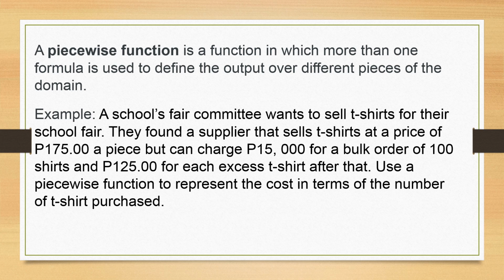What are the things that we need to remember, particularly in converting this word problem into a piecewise function? We have to identify some quantities that we need to consider. First, we have here a bulk order of 100 shirts. So it means that when somebody orders exactly when n is equal to 100, it will charge 15,000.